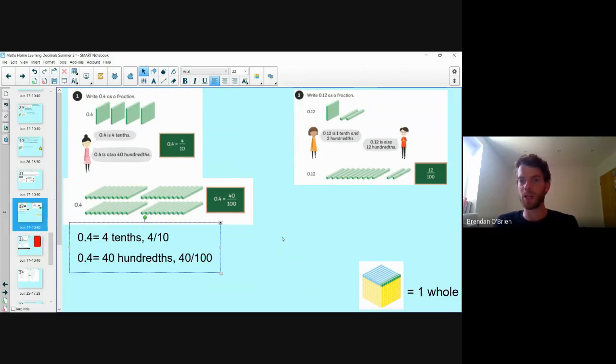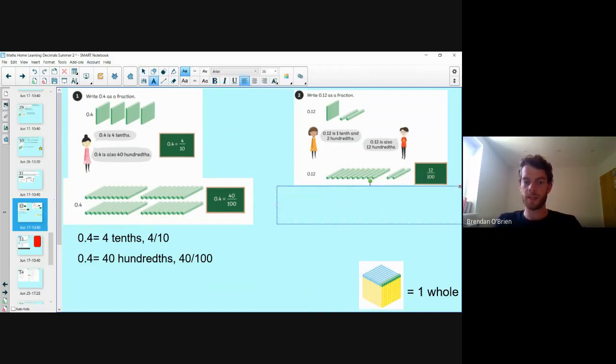Let's look at 0.12, because we need to find out which of these two is larger and which is smaller. So write 0.12 as a fraction. Well, you can see here that 0.12 is a bit different. There's different parts here. Here, they're all the same parts. Here, they're a bit different. So I'm just going to get my box up.